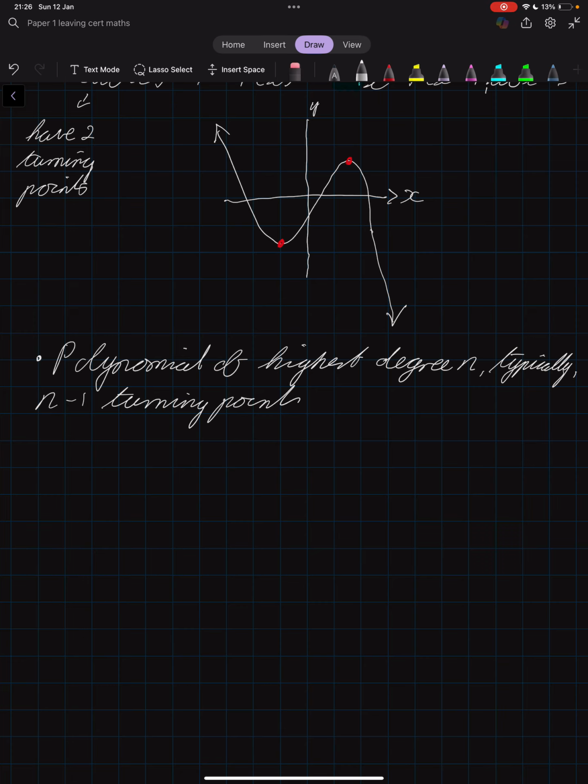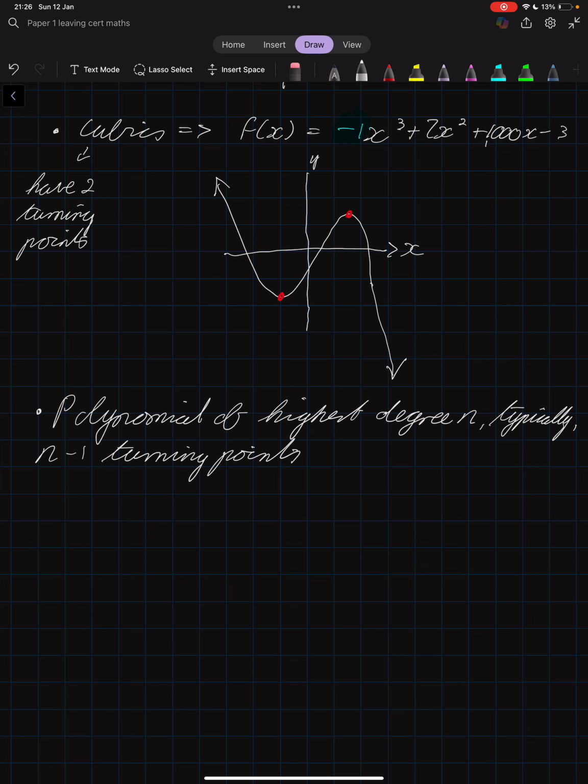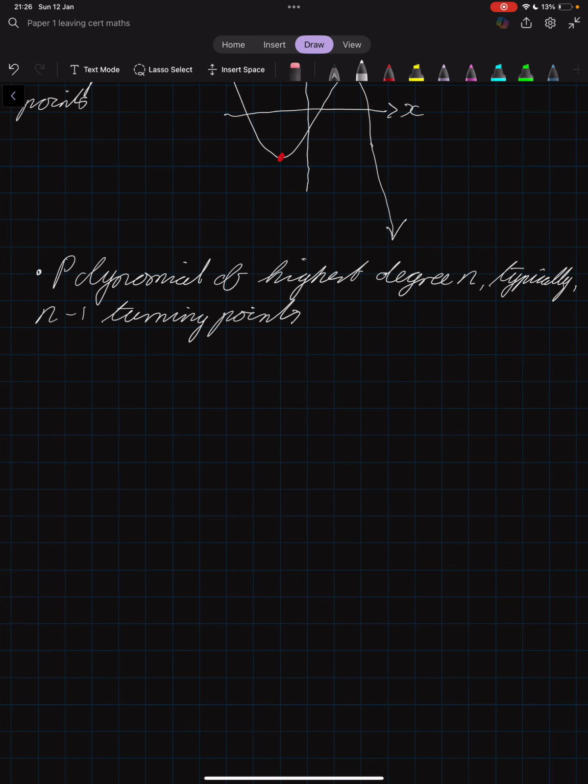Okay? The only ones to look out for where this wouldn't happen would be something like f of x equals x cubed. This looks like this. So this is where it wouldn't happen, when you have something like that.